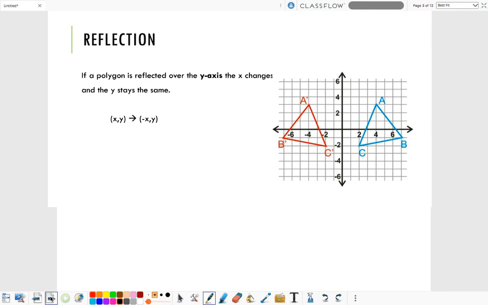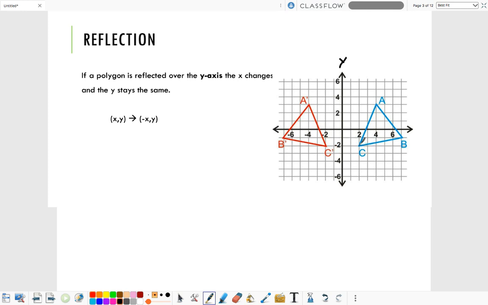When you reflect over the y-axis, it's exactly the opposite, where the y stays the same, but the x changes. If we look here, we're flipping over the y-axis, and we have our pre-image or our original figure here, triangle ABC, and it's flipping over that y-axis to give us triangle A prime, B prime, C prime.